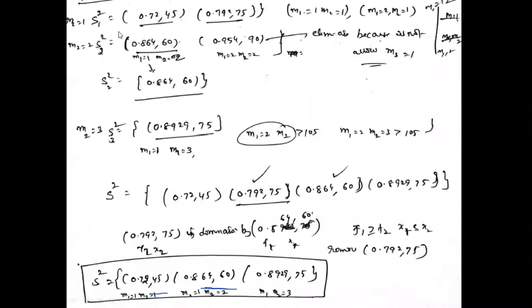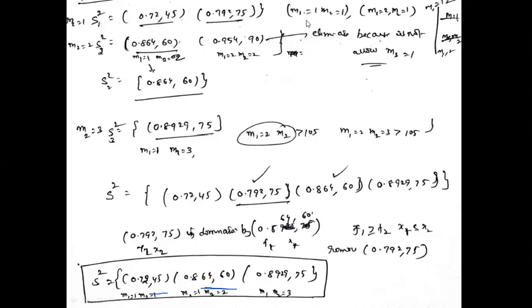Next, you are calculating S^2. To calculate S^2, in the second stage we take a single device, two devices, or three devices. First we calculate S_1^2, which means in the second stage you are taking a single device.